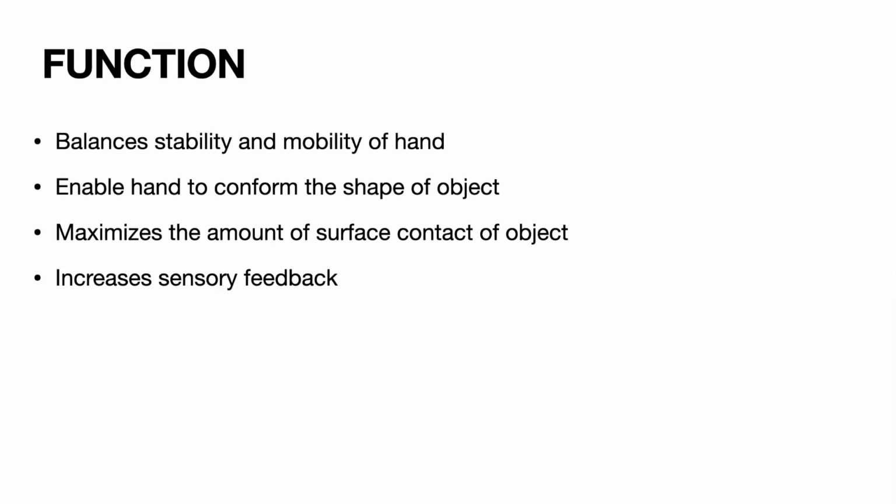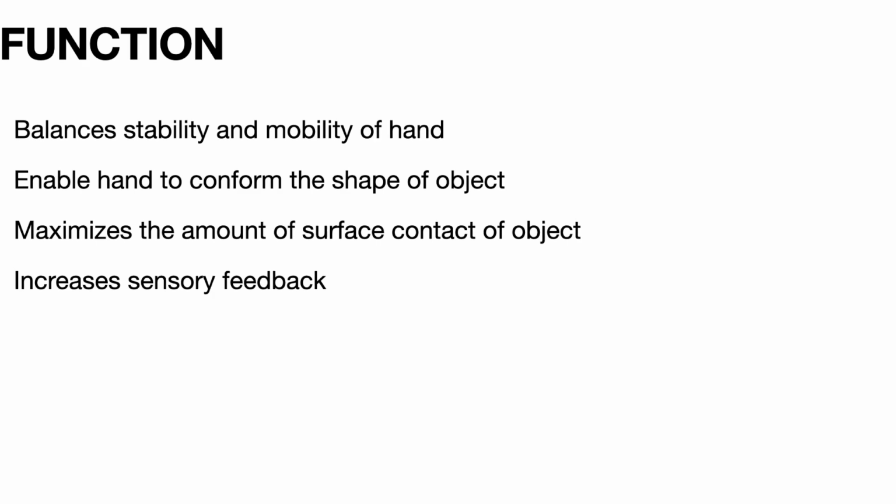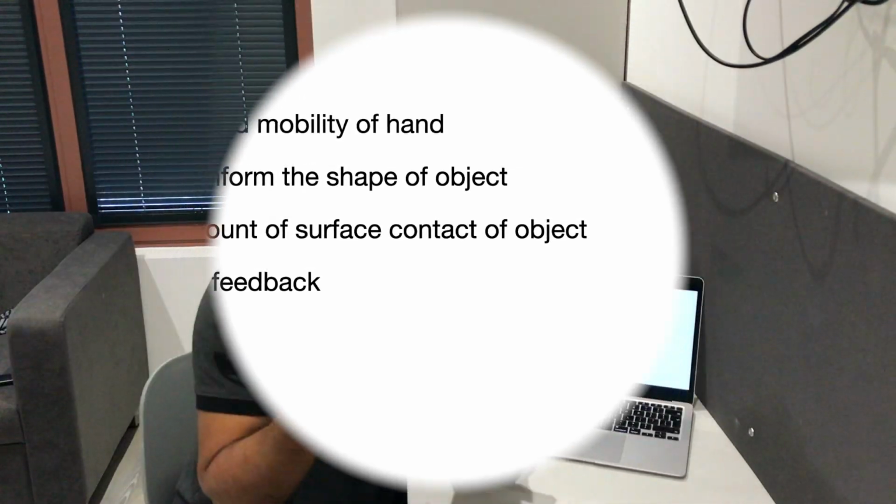Greater surface area means greater sensory feedback, so we can get feedback on which object we are taking in the hand, etc. Okay. These are all very evident in real life practice, because even if we close our eyes, we can figure out what is under my hand. Of course, it's not purely because of the arches, but arches have a role in it. That's all the most important aspects of the arches.